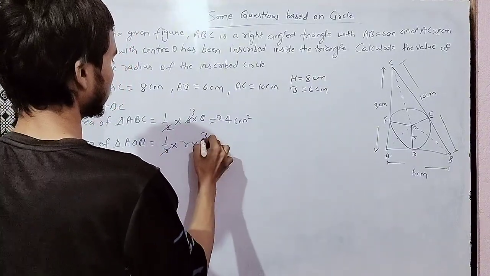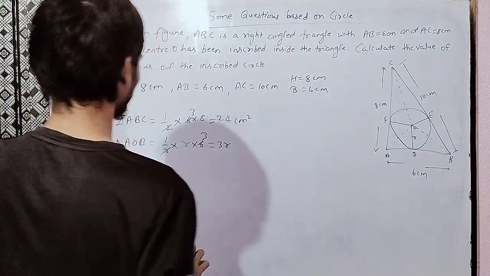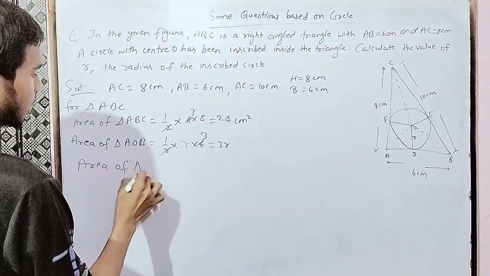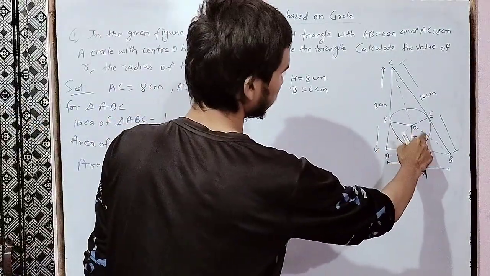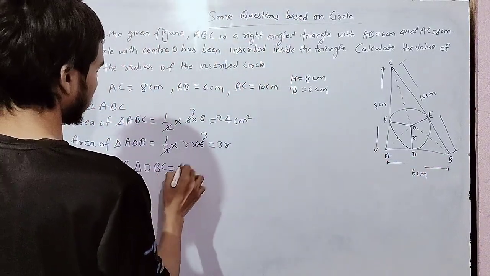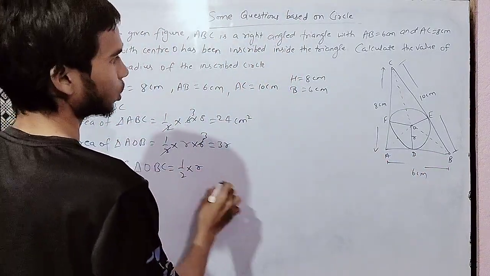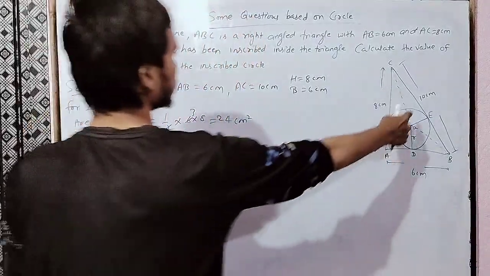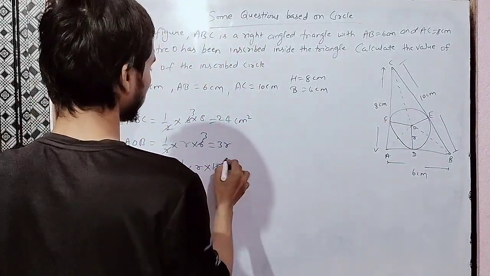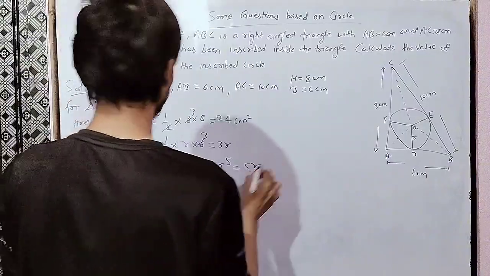It will be 3R. Now the area of another triangle, OBC, is 1 by 2 times R, since R is the height for this triangle, and the base is 10. 2 fives are 10. It will be 5R.